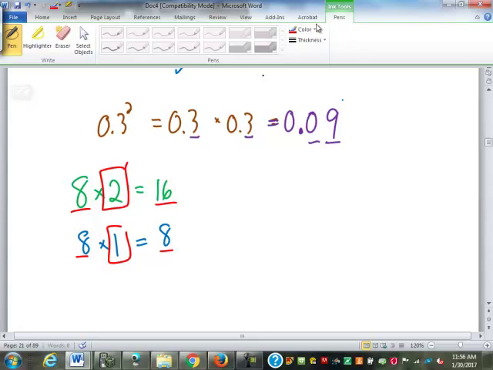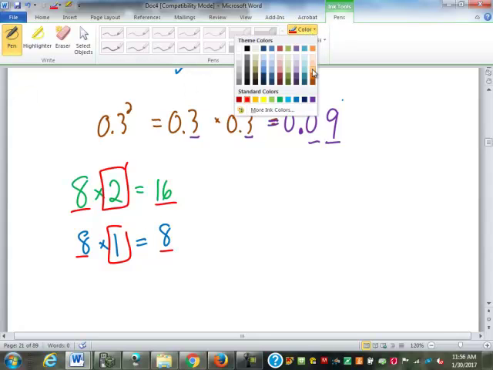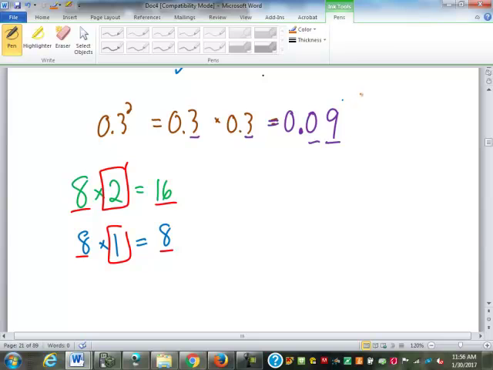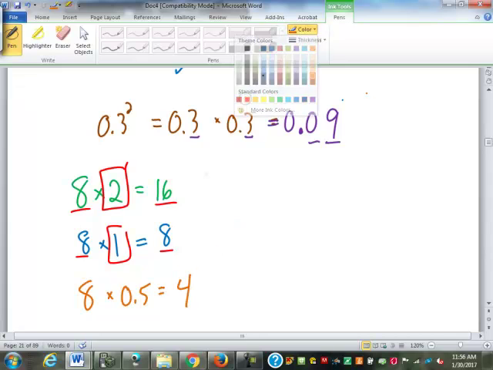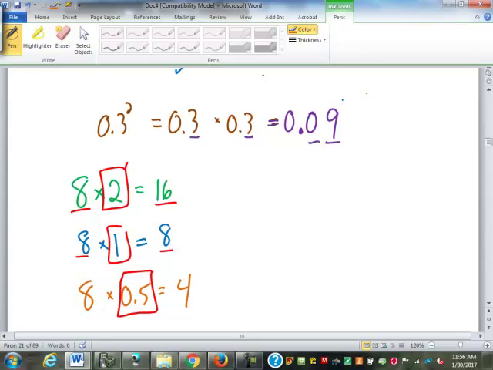We're so used to when we multiply getting something that's bigger. But if we multiply, let's say 8 times 0.5, well, 8 times 0.5 is 4. Because we multiplied by something smaller than 1, we get a result that is smaller than what we start with. Well, when we take a decimal to a power, we are multiplying by something smaller than 1.